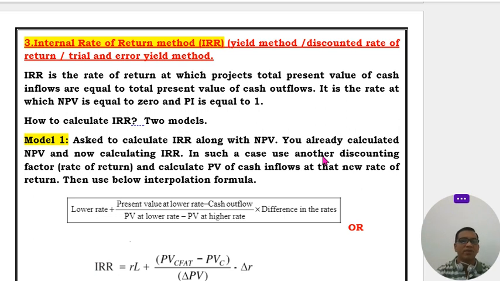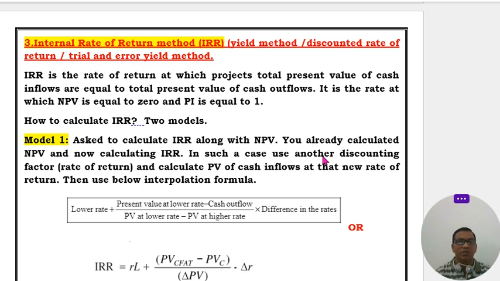So how to calculate IRR? There are two models practically possible in calculation of IRR. What are they? The first model is calculation of IRR along with NPV. That means in the question you have already calculated NPV, and after NPV you are going to calculate IRR.